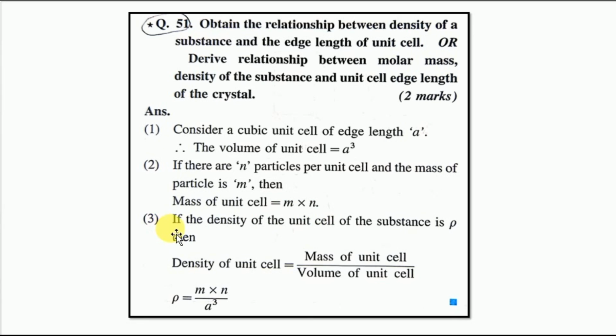Third point is, if the density of the substance is P, then density of unit cell is equal to mass of the unit cell upon volume of the unit cell. So putting the values, P is equal to m into n upon A cube.